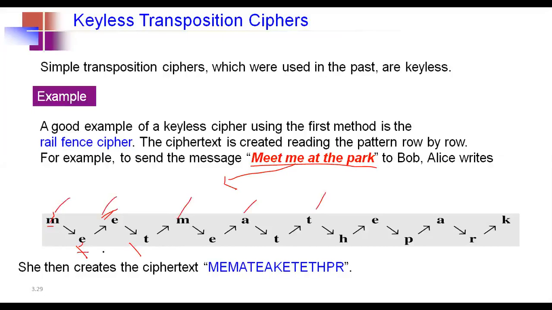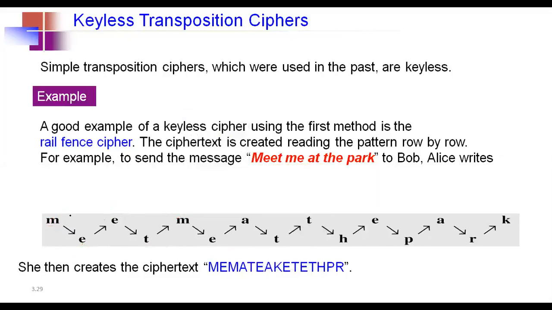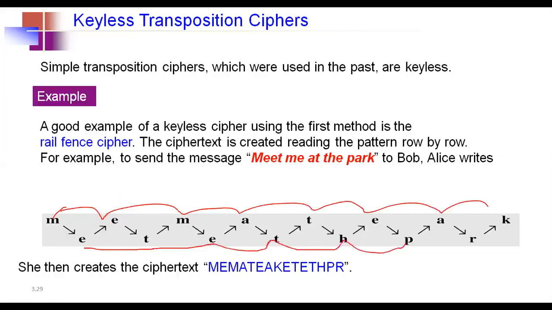The second row has the second, fourth, sixth characters, like that. If you combine these letters, the first row is followed by the second row. That means M, E, M, A, T, E, A, K at first, followed by E, T, E, T, H, P, R.